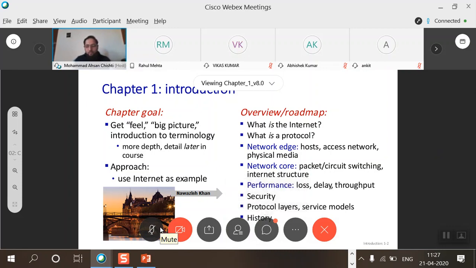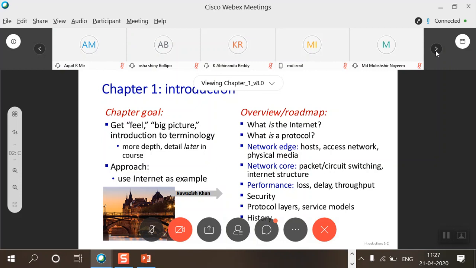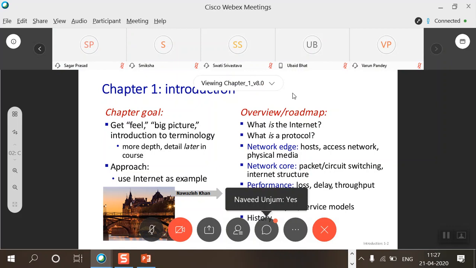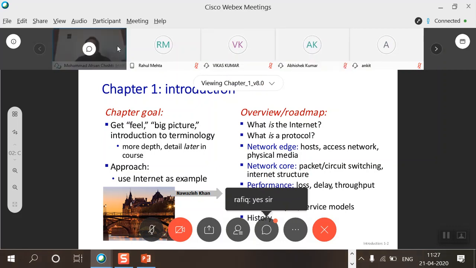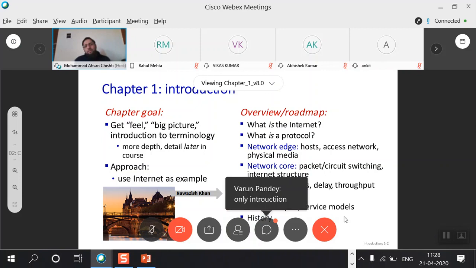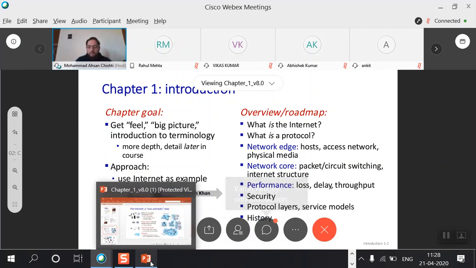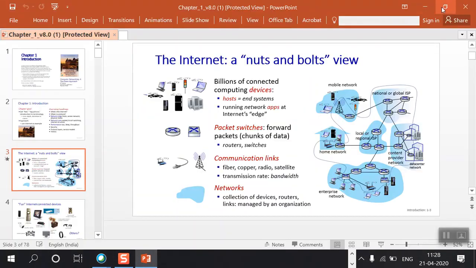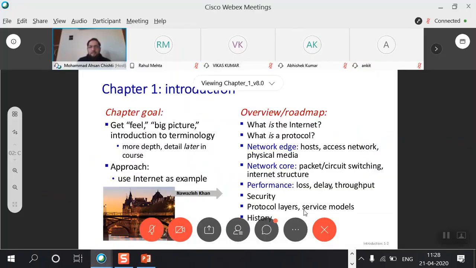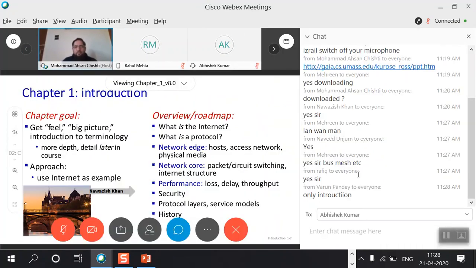Have you taken those topologies like mesh, bus, and so on? Okay, good. Most of them say they have taken bus and mesh. I would suggest that you go ahead and revise those, but still, in our next class, we can take up and revise these, mesh network and so on.